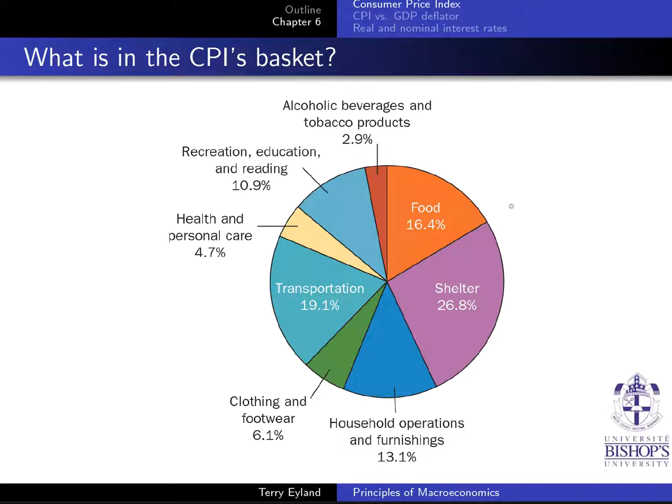Well, about a quarter of it relates to shelter, household furnishing 13%, food 16%, and then the rest have different percentages. Obviously some people, such as BU students, probably have a higher percentage than 2.9% of their spending going towards alcoholic and tobacco products, but this is just representing the average consumer.